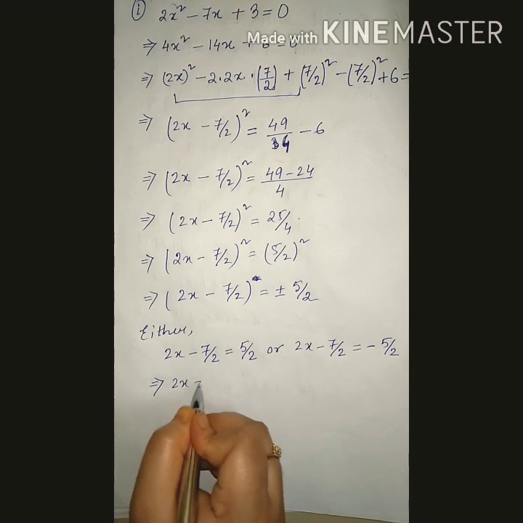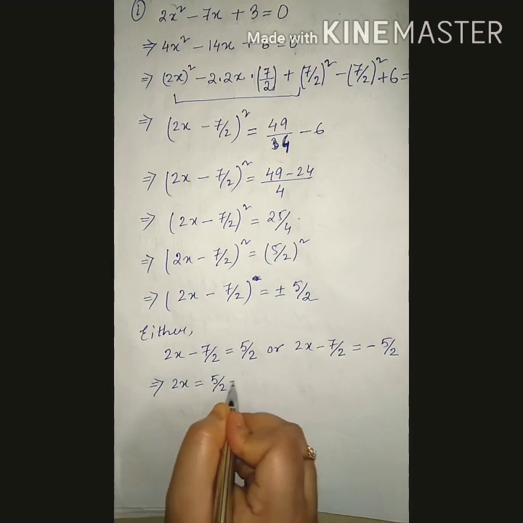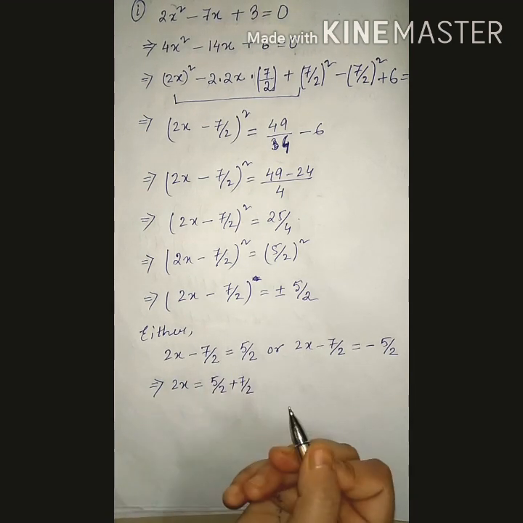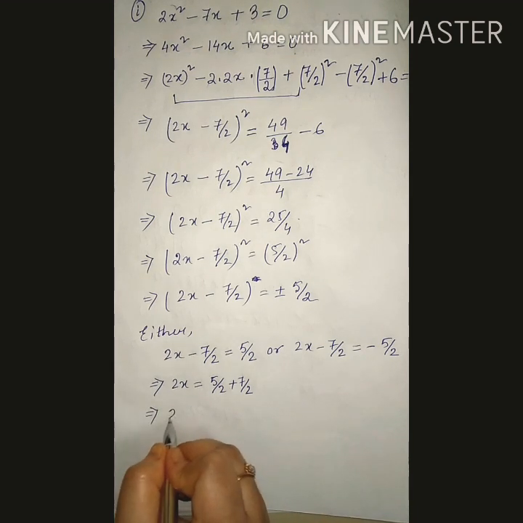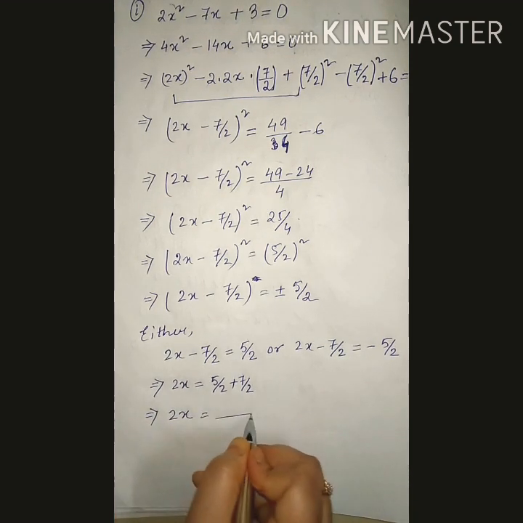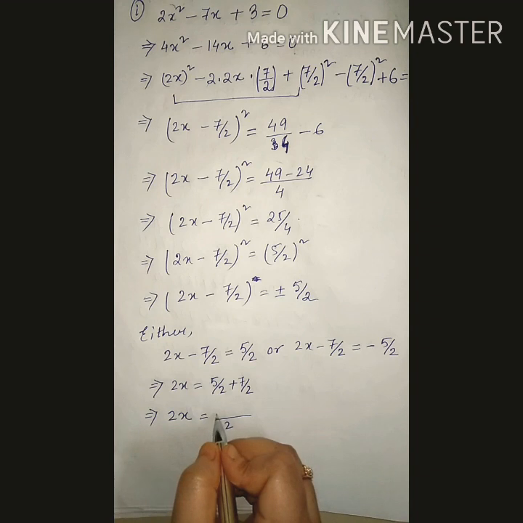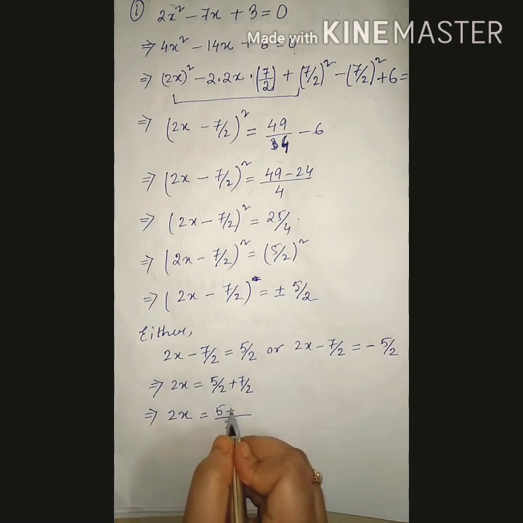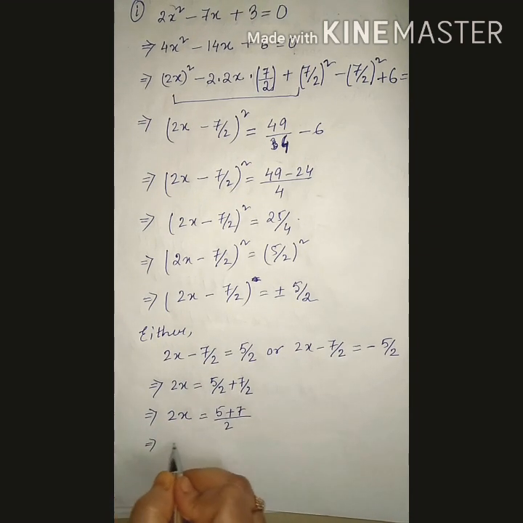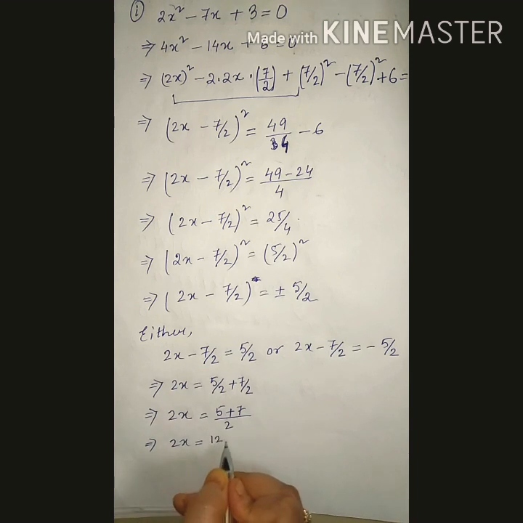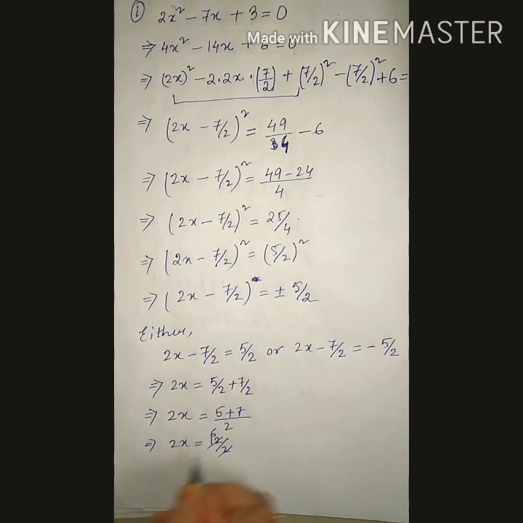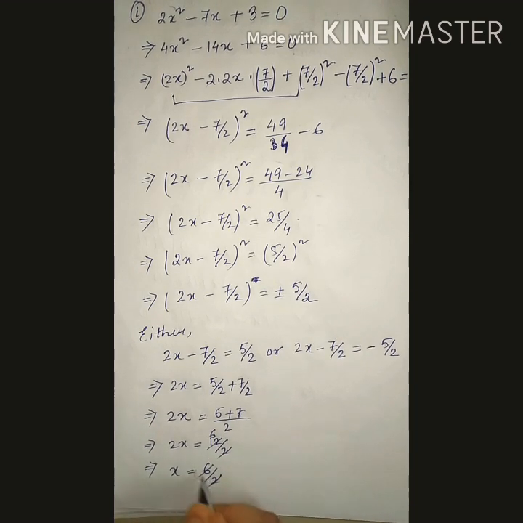So 2x will be equal to 5/2 + 7/2. This one 2x equal to, take 2 as LCM, you will get in the numerator 5 + 7. 2x is equal to 12 by 2, which is 6. That means x you will get 6 by 2, that means 3.